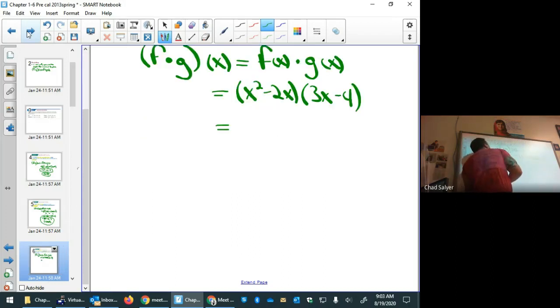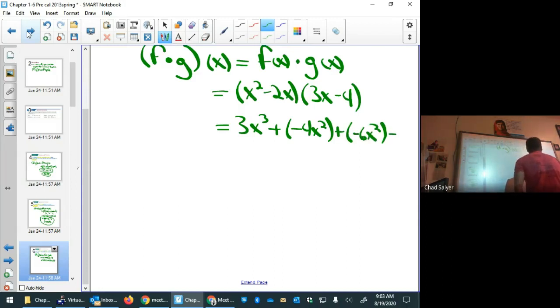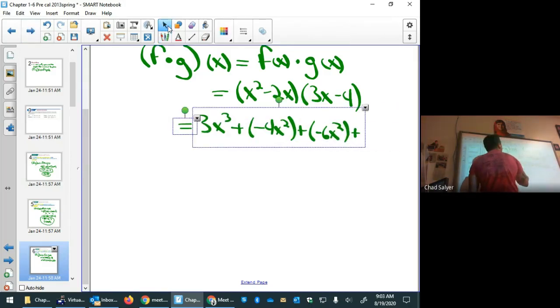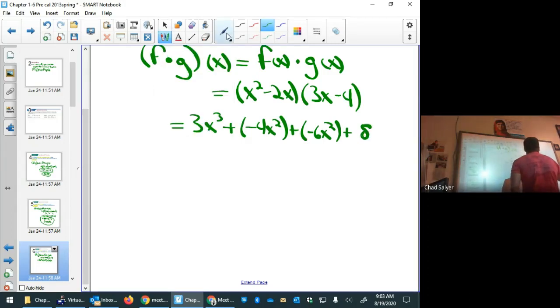So we can do this with FOIL. First times first is going to be 3x cubed, plus outer times outer is going to be negative 4x squared, plus inner times inner is going to be negative 6x squared, and then plus last times last is going to be 8x.